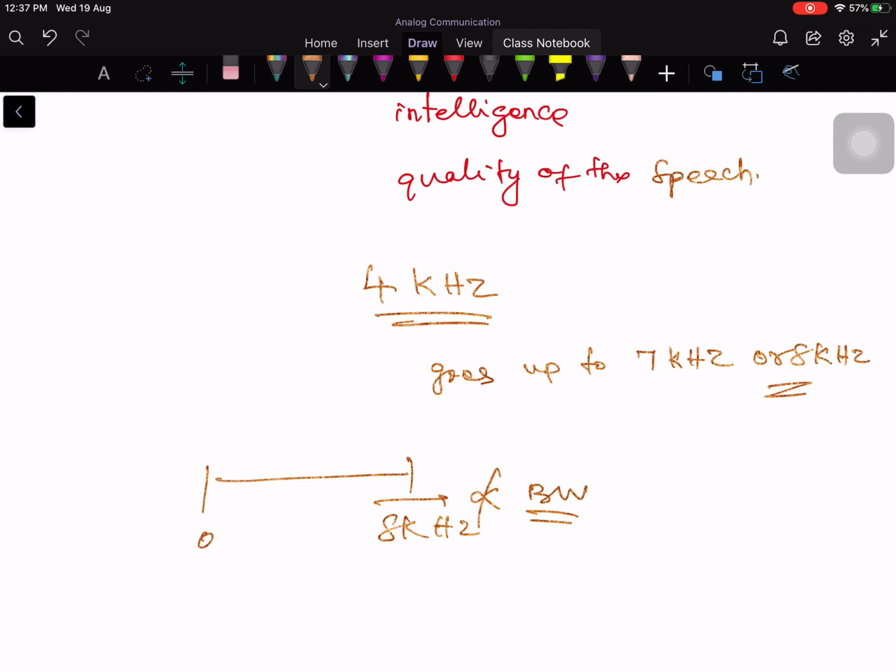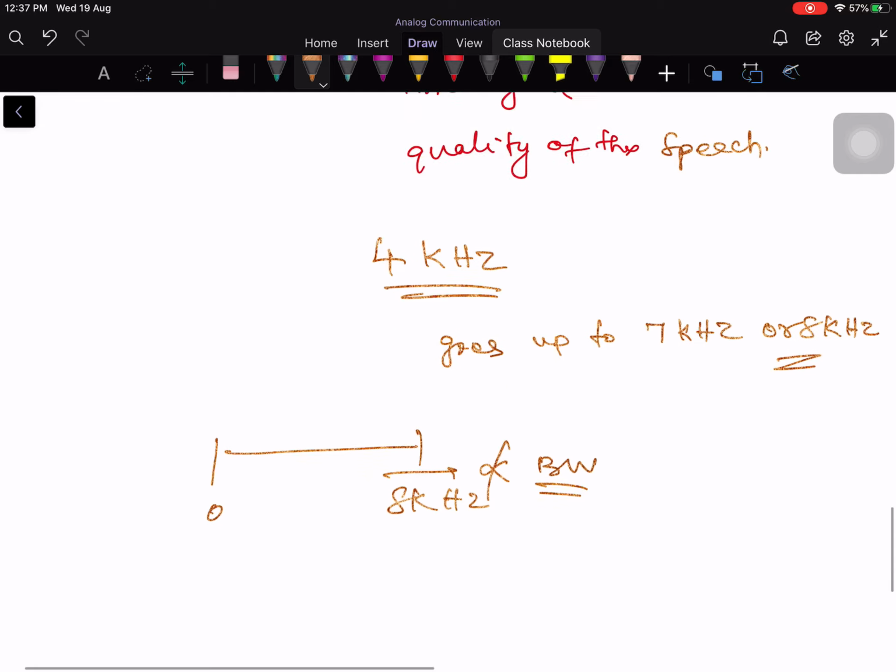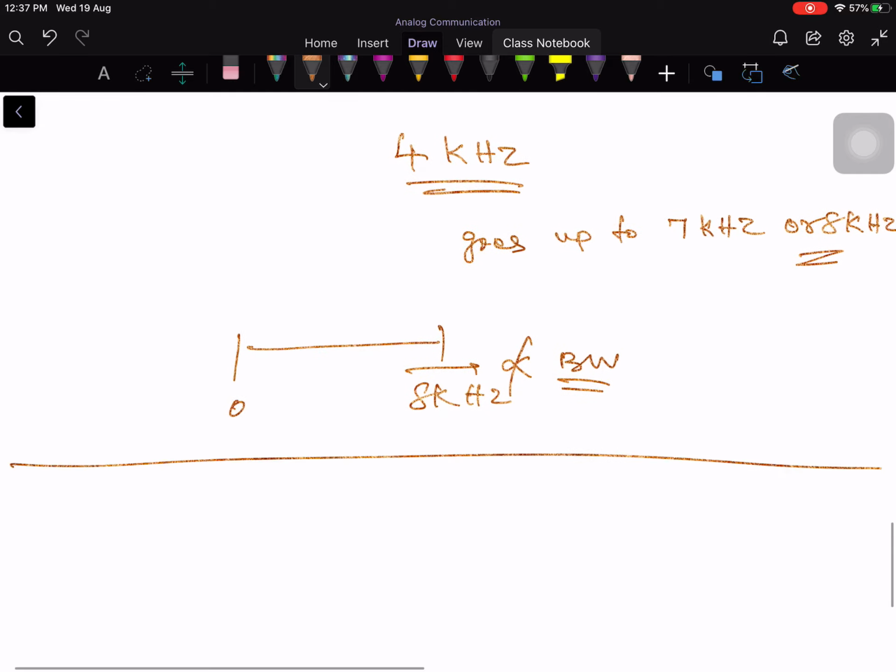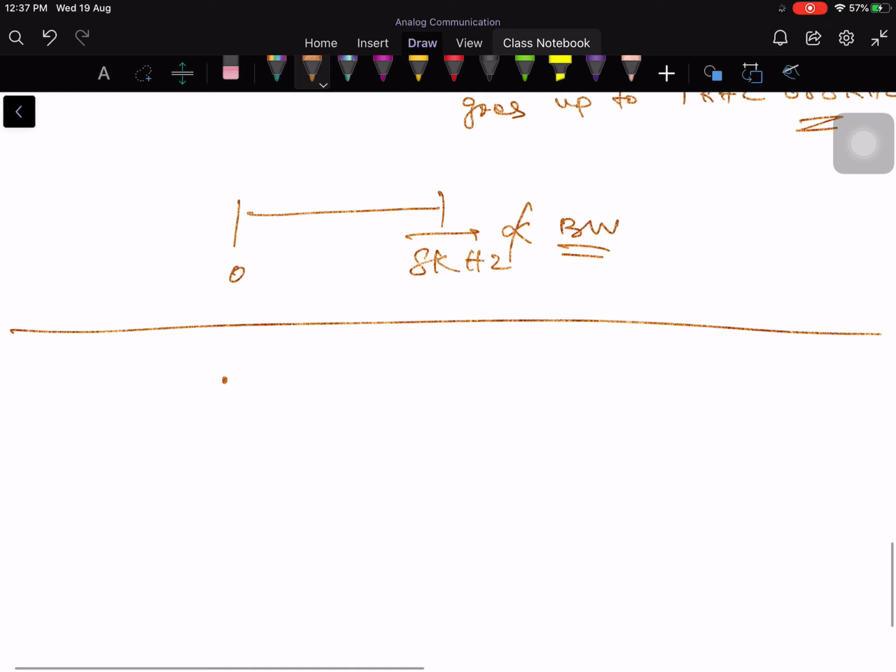We will learn that there are two main important attributes: the first one is bandwidth and the second one is power.